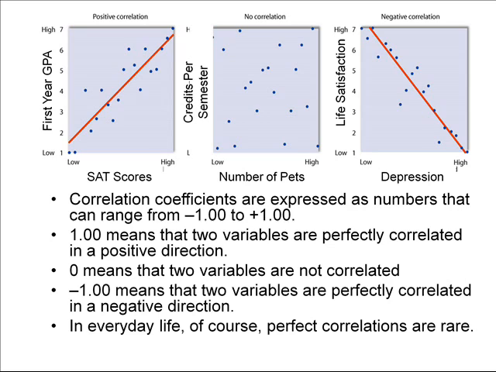This example shows that the number of pets someone has does not predict the number of credits they will take their first term in college. The scatter plot to the right is an example of a negative correlation. As you can see, as the value for depression score increases on the x-axis, the scores on life satisfaction, which are on the y-axis, decreases.